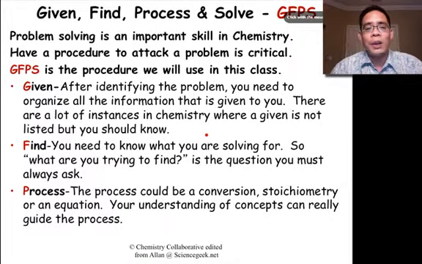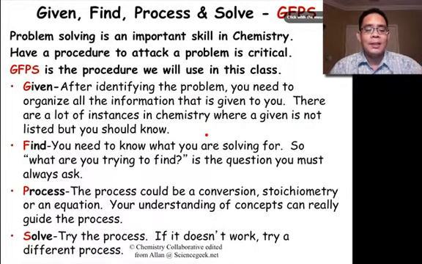Or you can use an equation. Most of the time in physics, you're using an equation, but in chemistry, you're either doing conversions or equation or both. And so you need to be ready to use all those skills when solving a problem. Your understanding of concepts and those models that we talked about can really guide the process. And we'll talk about that as we solve more problems in class.